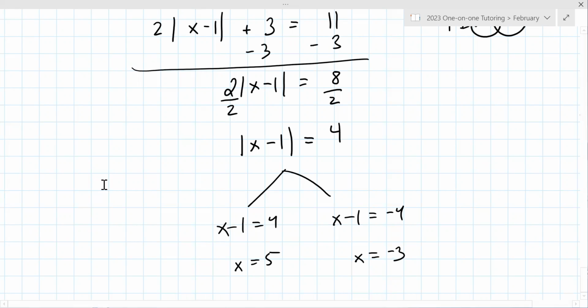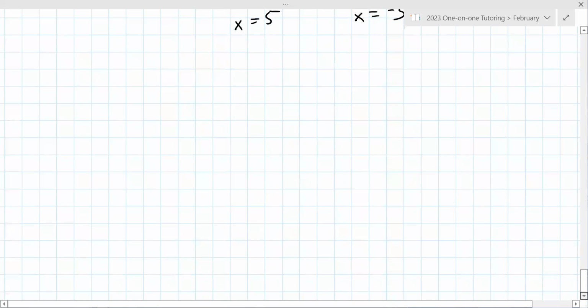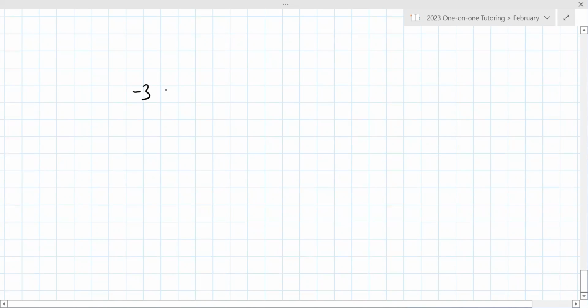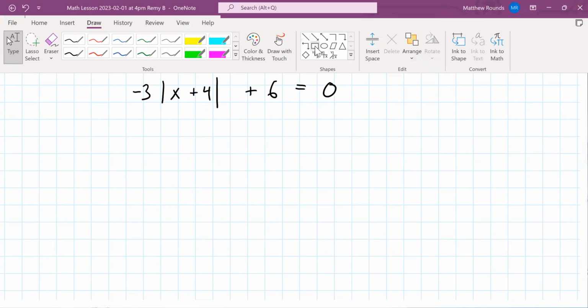So you ready to do another one like this? Yeah. Okay, let's go -3 absolute value x plus 4 plus 6 equals 0. Again, your focus has to be on the left side.